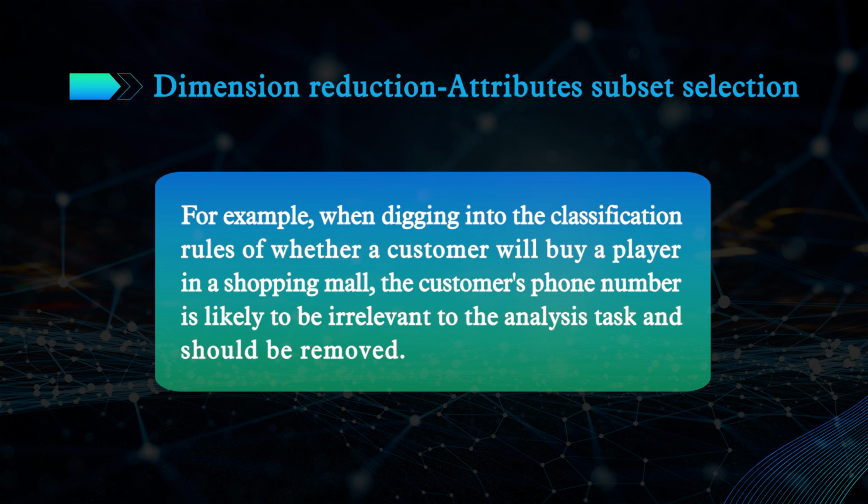For example, when digging into the classification rules of whether a customer will buy a player in a shopping mall, the customer's phone number is likely to be irrelevant to the analysis task and should be removed.